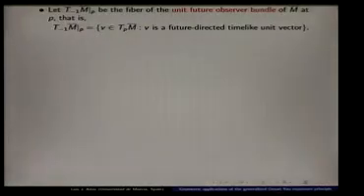We denote by T minus 1 M bar the fiber of the unit future observed bundle of M bar, which is just the set of all vectors which are tangent to M bar at the point P, which are future directed time-like unit vectors.